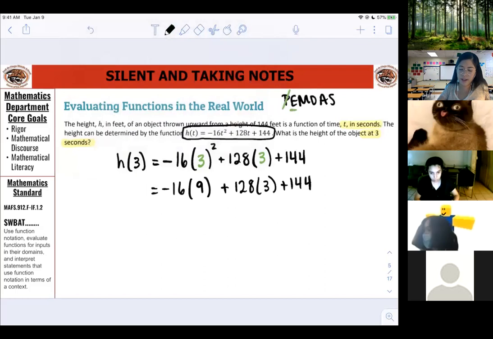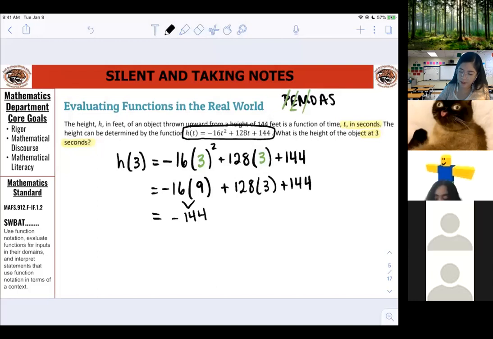Now I can go ahead and do my multiplication. So first off, I have negative 16 times 9. You can use your calculators. What is negative 16 times 9? Negative 144. Good. I can also do, right now, 128 times 3.